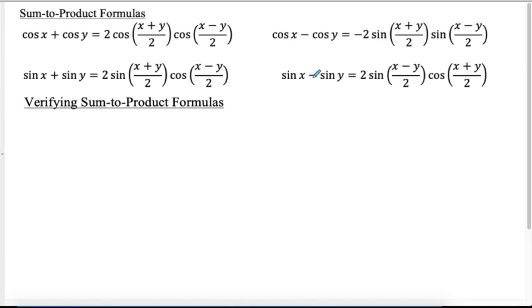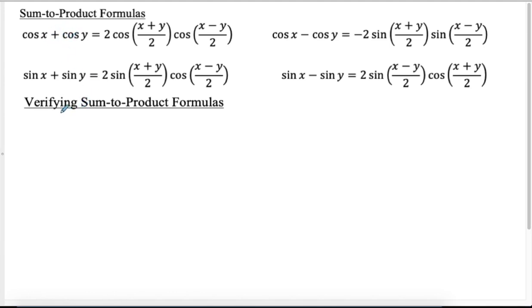And we've got 4 different versions of that. Now, again, I'm just going to go through and verify one version. We're going to look at the first one here, and I'm going to take this side of the equation and simplify it to look like this.